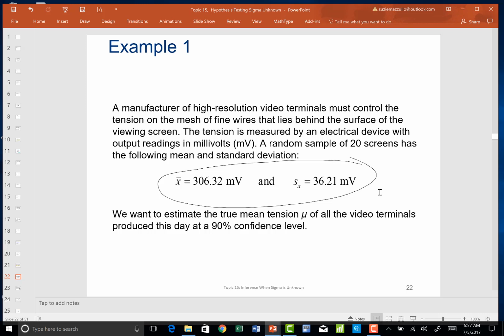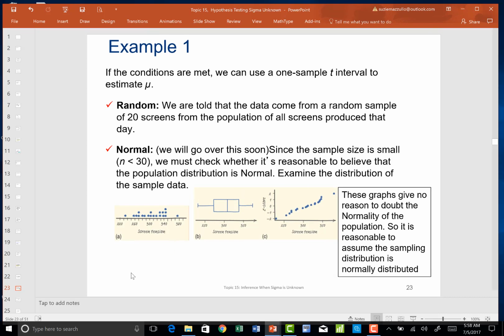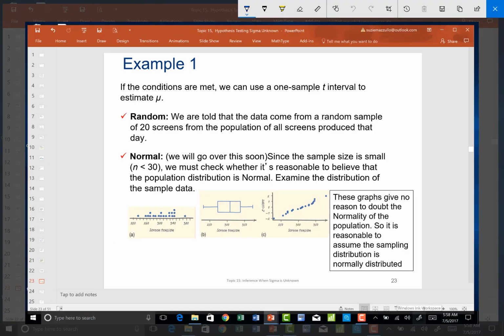Luckily, we had the random sample of 20 screens and we could look at the data. This is what we look for. In a normal probability plot, we look to see if the data runs along a straight line like this. If the data does, then we can say, based on this probability plot, there doesn't seem to be any deviations from normality.